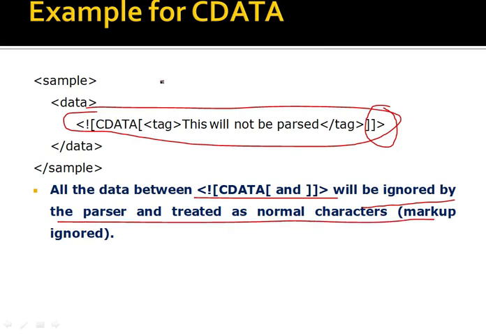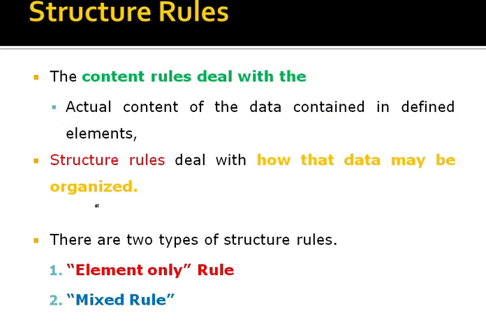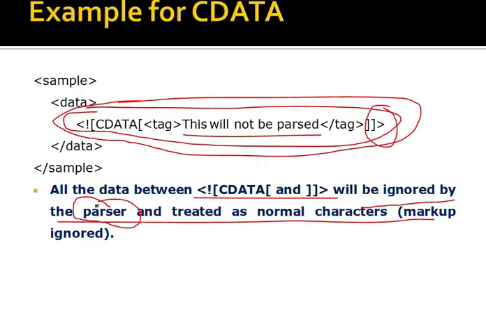So whatever content is in between CDATA will be ignored by the XML parser. That is CDATA. So the rules we have seen so far deal with the content: ANY, EMPTY, PCDATA and CDATA.